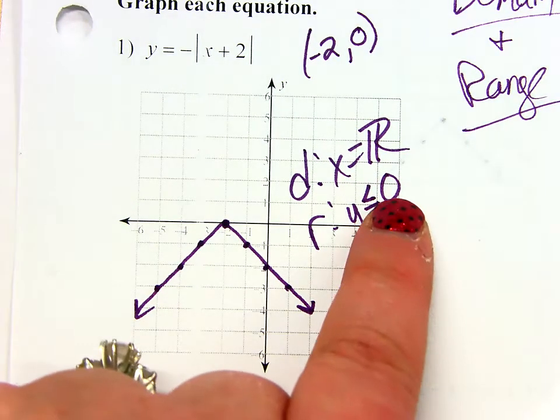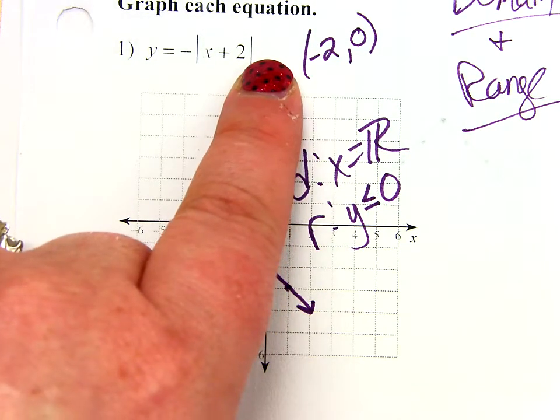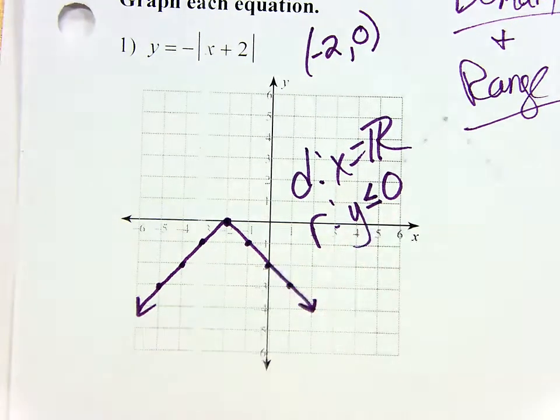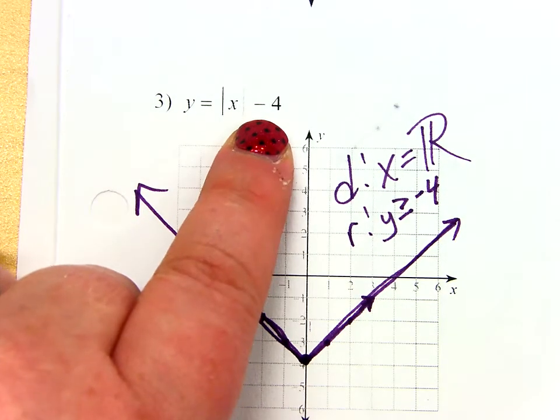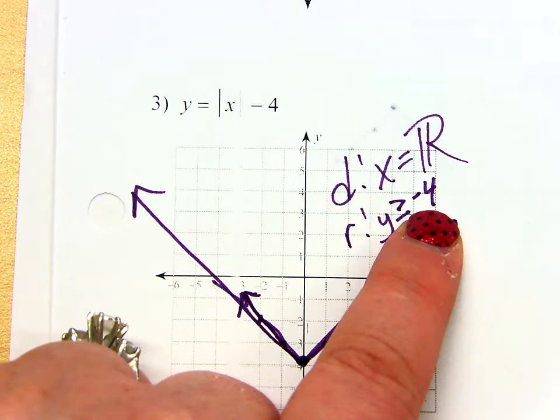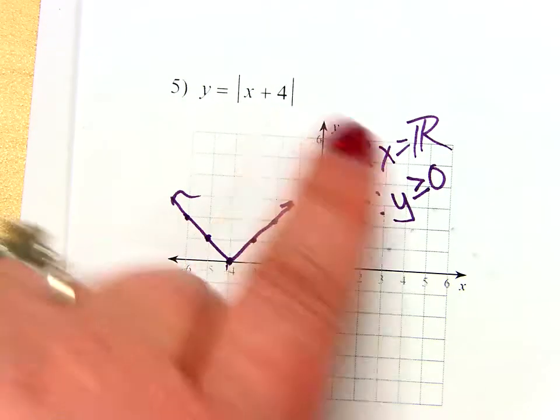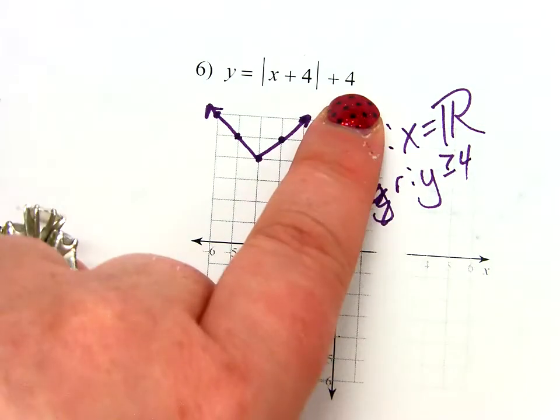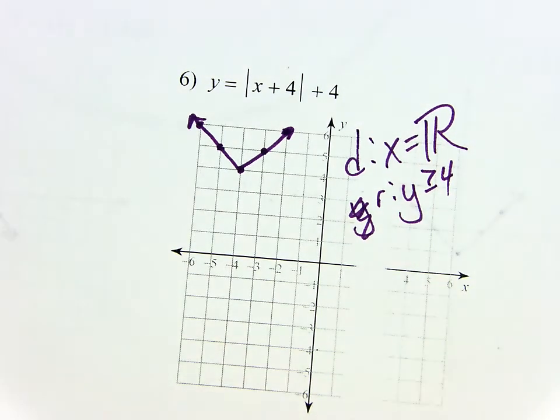But notice that number is always whatever k is. K was 0, so is that number. K was -4, so is that number. K was 0, so is that number. 4, so is that number. So domain, all reals, range is always greater than or less than whatever k is.